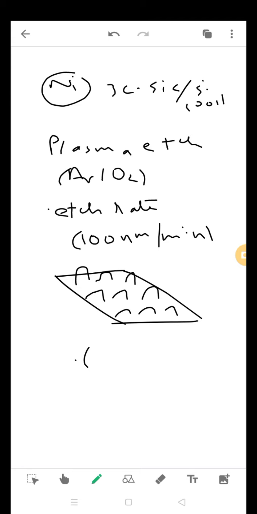This is the electron beam lithography technique for forming a pattern substrate.